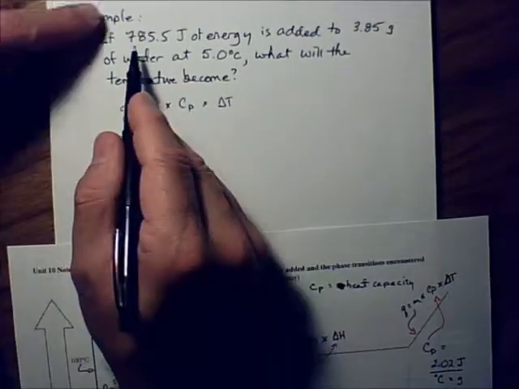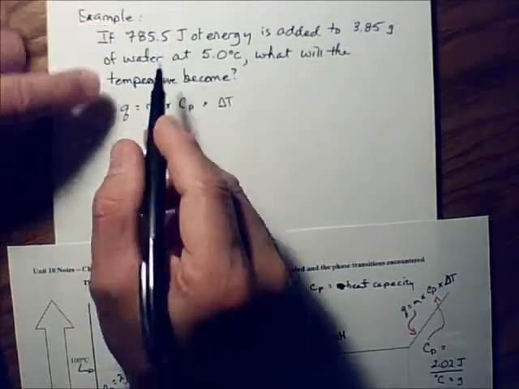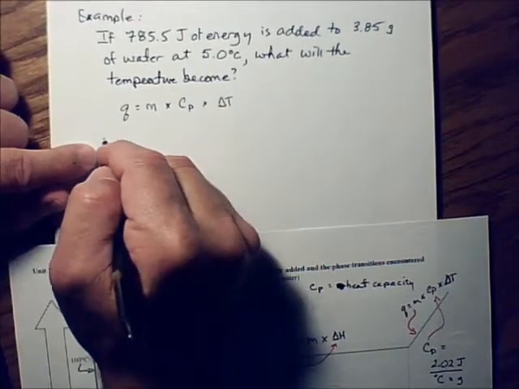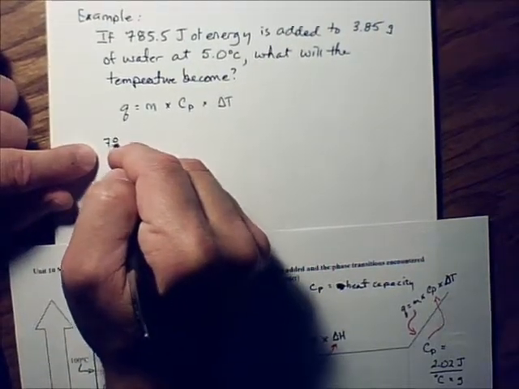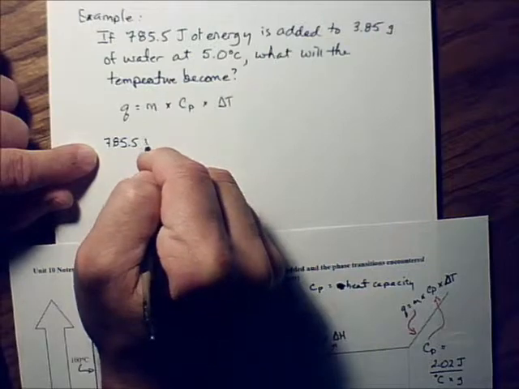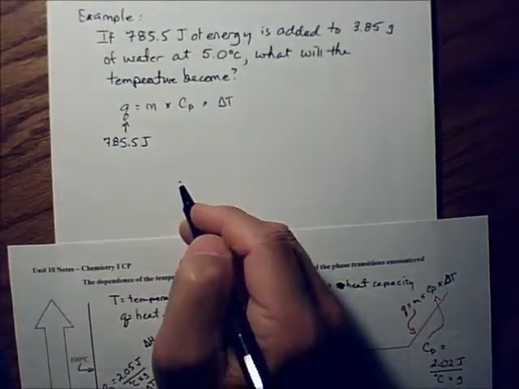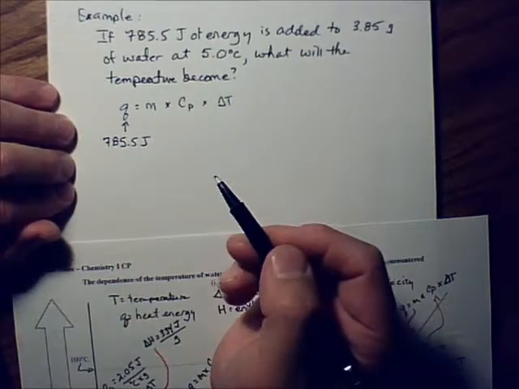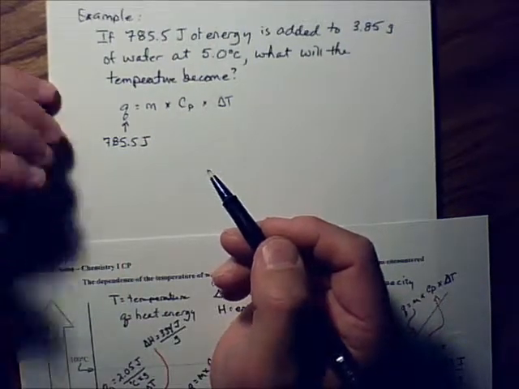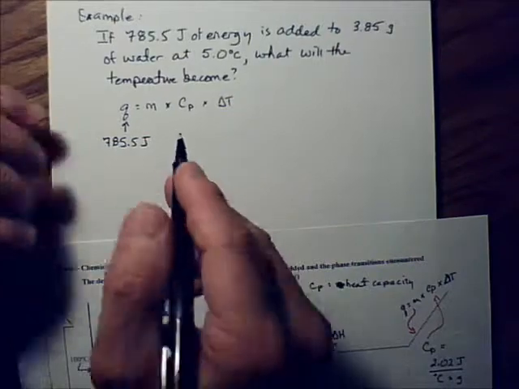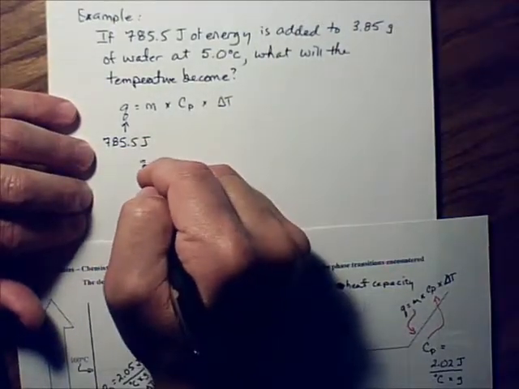And so what can we plug in there? In the question we got 785.5 joules. That goes right there for Q. What's M? That's the mass. I hope you kind of know that from your physical science class.